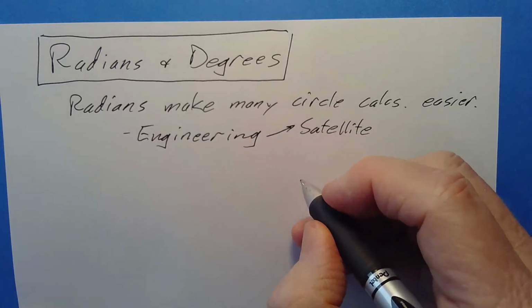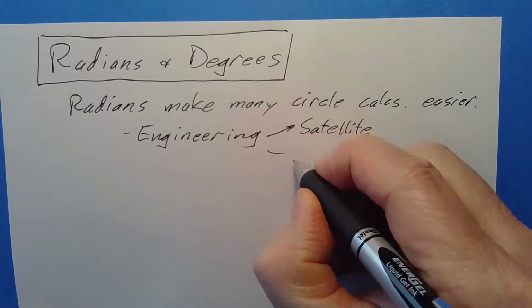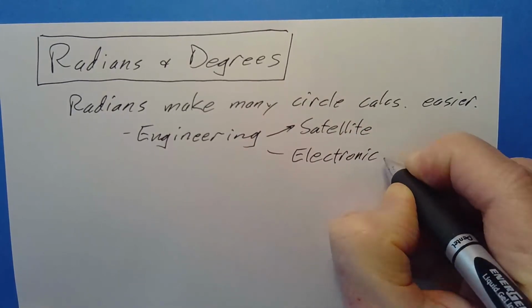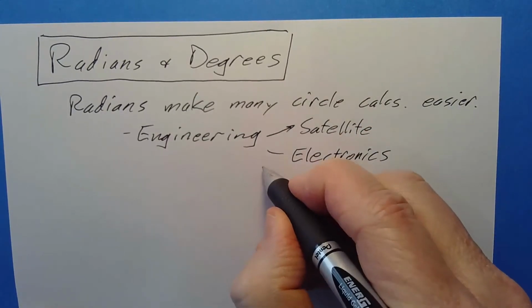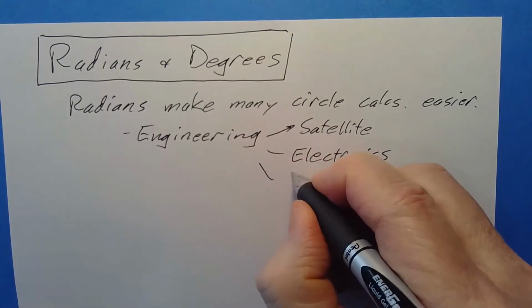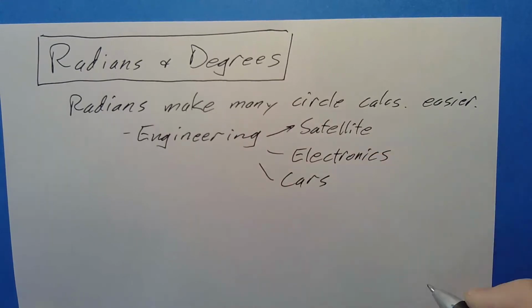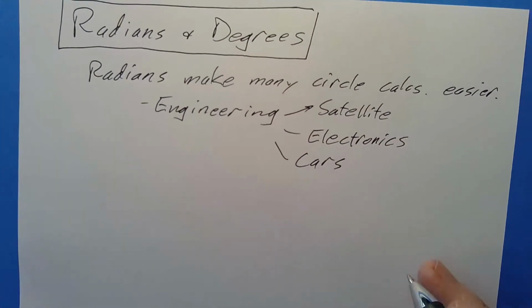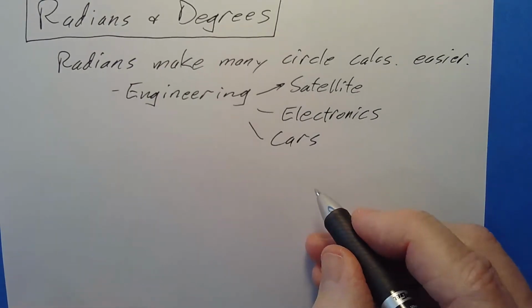You would also use it anytime you're designing electronics. Those are used a lot. And another common thing was anytime you have a rotating circle. Well, that would be used, for instance, in cars for sure. So if you're designing cars, you have to use radians quite a bit when you're analyzing the axis.